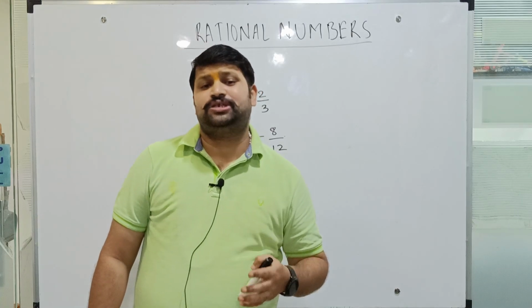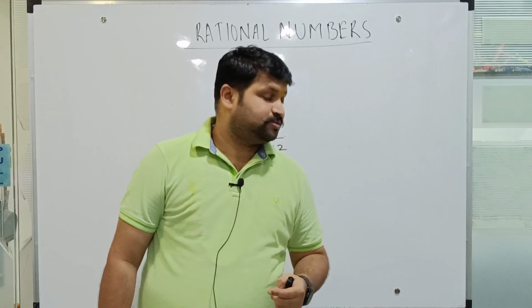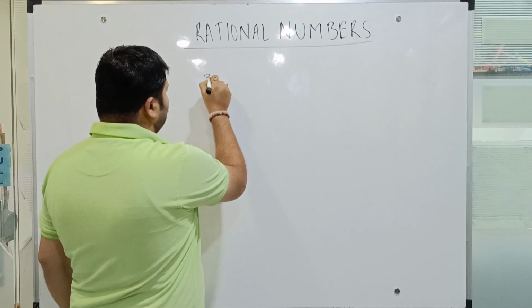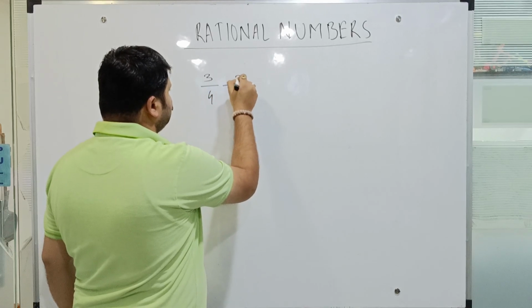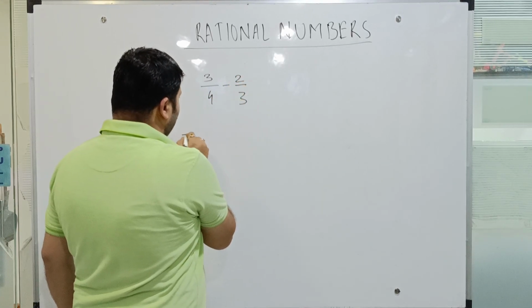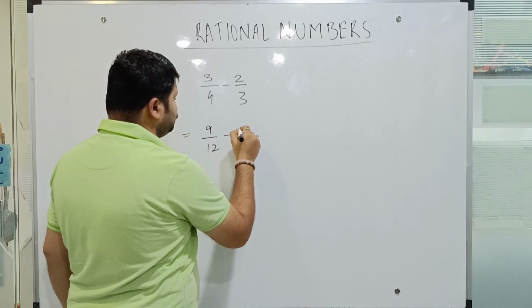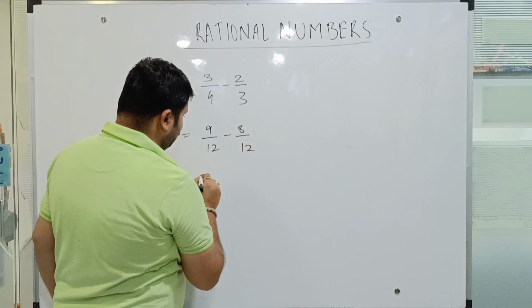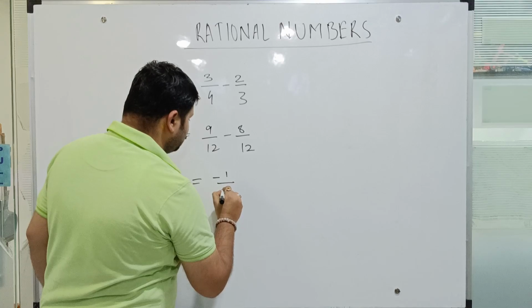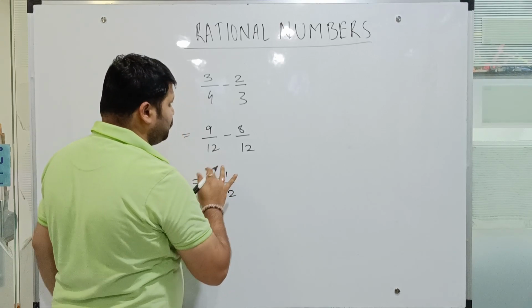Let us go ahead to the next property, that is the commutative property. Let us see if subtraction of rational numbers is commutative or not. If you take 3 upon 4 minus 2 upon 3, we'd get 9 upon 12 minus 8 upon 12, giving me the final answer as 1 upon 12.